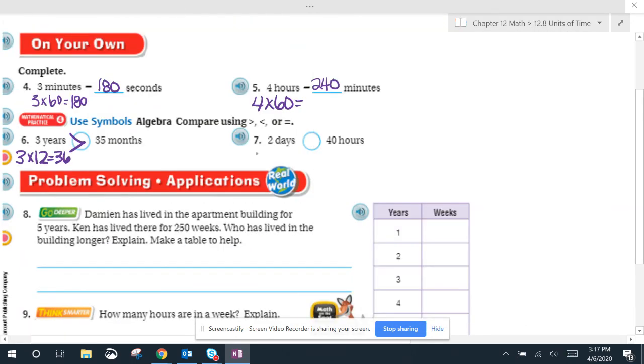So this time I'm going to be multiplying 2 times 24. I'm going to do some side math for that one. So I'm going to have 24 times 2. 4 times 2 is 8. 2 times 2 is 4. So I've got 48 hours versus 40 hours. 48 is larger. All right, that's it for our lesson today.